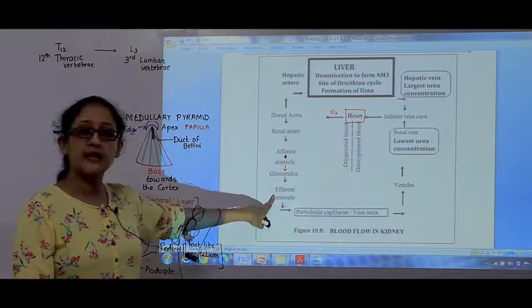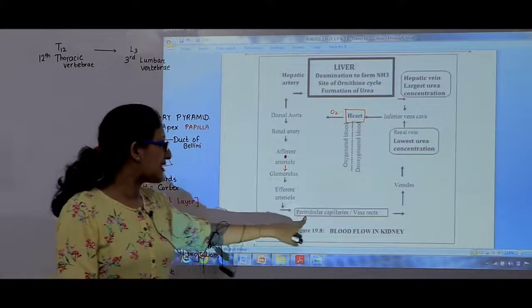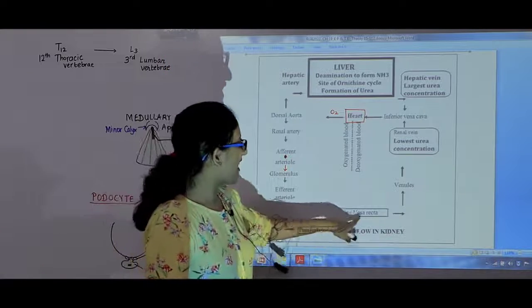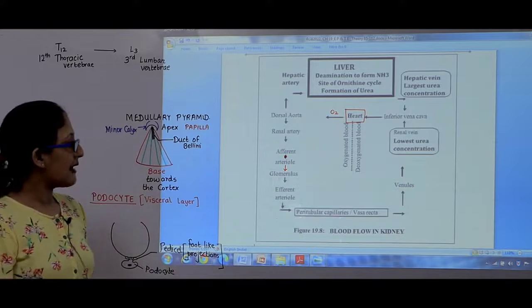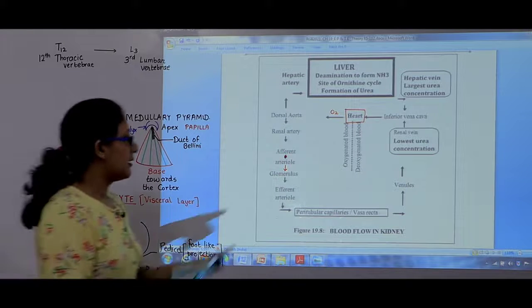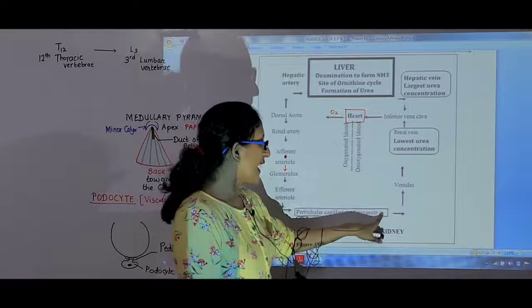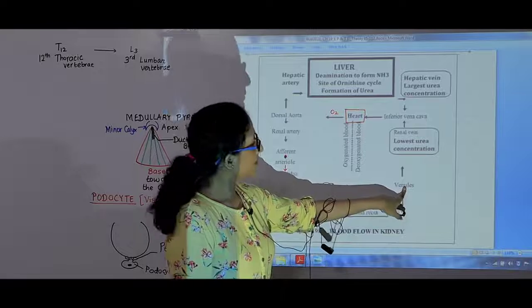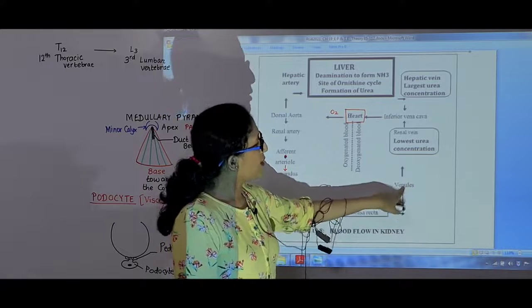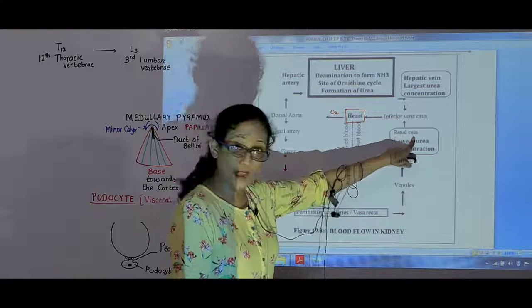The efferent arteriole continues as the peritubular capillaries and the vasa recta. And finally, the purified blood enters into those small venules, which then come out of the kidney as the renal vein.